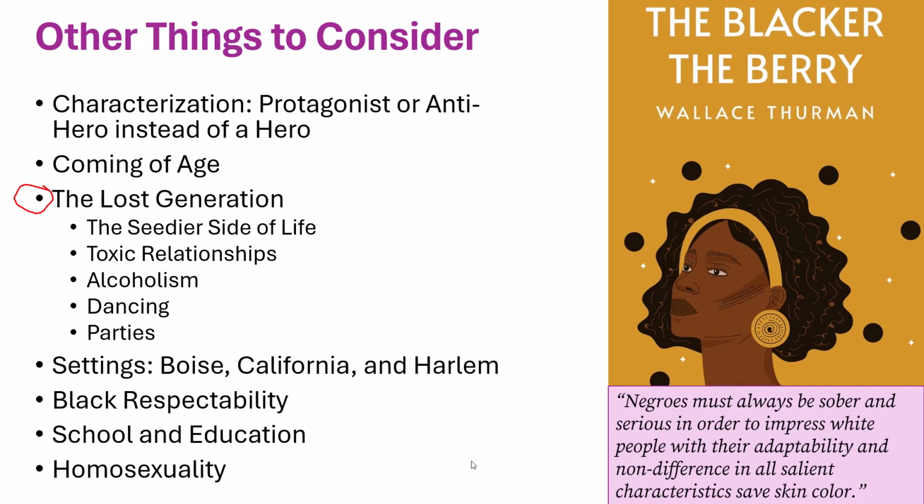There is a lot of setting, especially in Boise. We get a little bit about California, and then we get a little bit about Harlem. As I said, Black respectability. There are some themes here about school and education, and at one point there is a scene involving homosexuality, and we talked about the author and his life and how he struggled with sexuality through part of it and tried to cover it up.